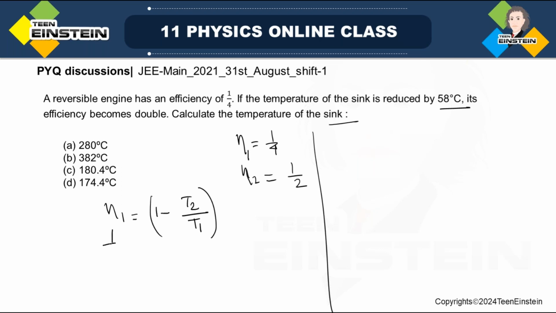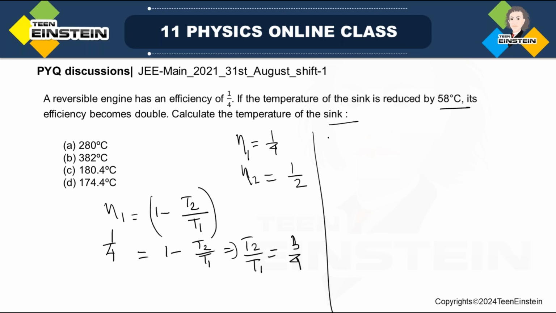So here, eta is 1 by 4, and I can actually find out what is T2 by T1 here. T2 by T1 will be 3 by 4. So I have got T2 by T1 is 3 by 4.